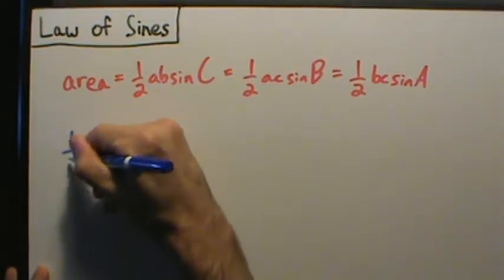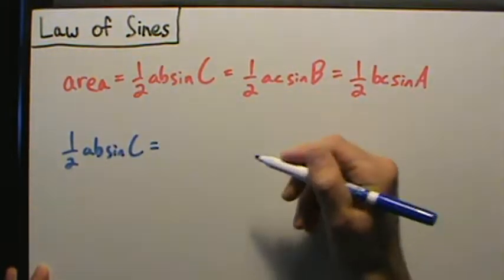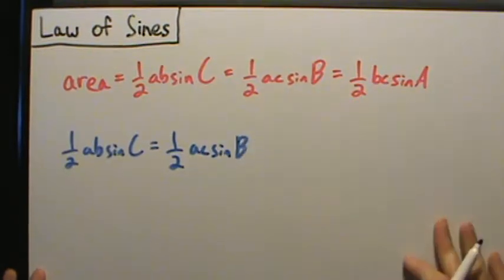The first equality: 1/2 ab sine C equals 1/2 ac sine B. That's one equality.